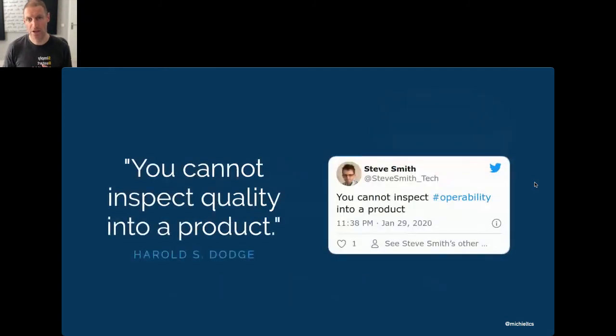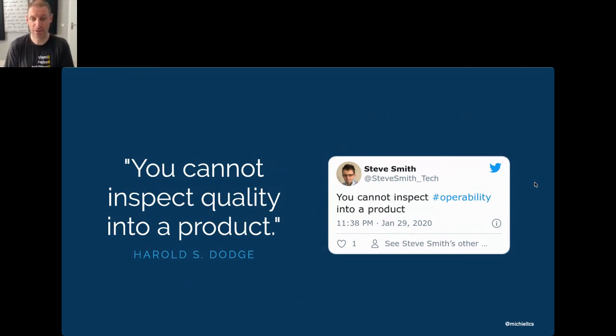And as you cannot inspect quality into a product, right? The quality is there or isn't by the time you inspect the product. I mean, take a look at a car as it runs off the assembly line. You cannot make a crap car a good car at that point, okay? So either it's crap or it's good, but because it's a finished product, it's very difficult to inspect quality into that product.